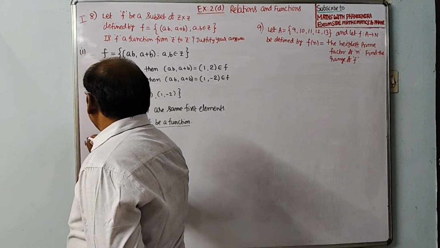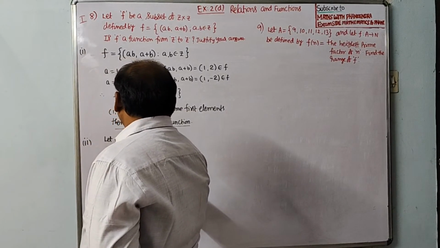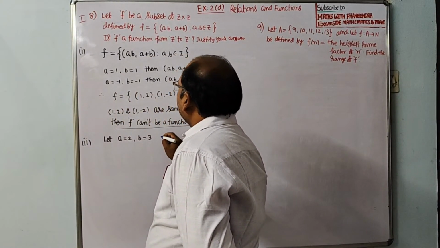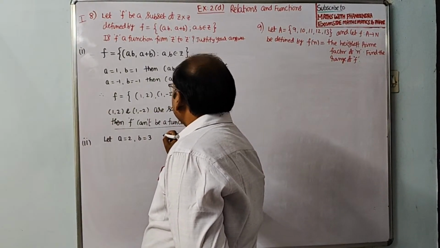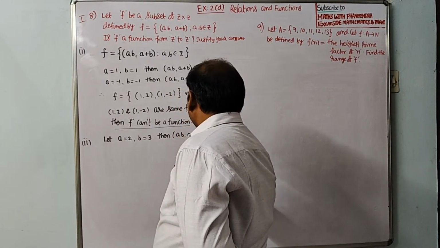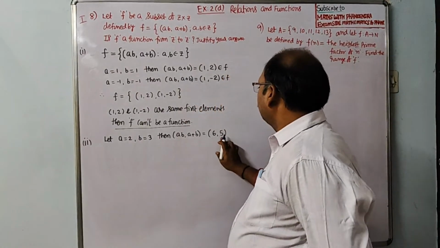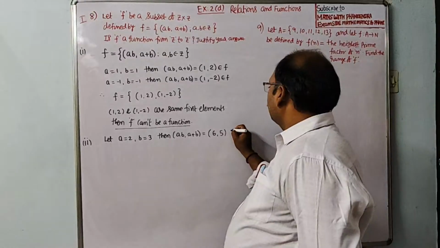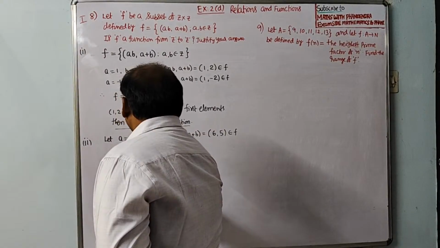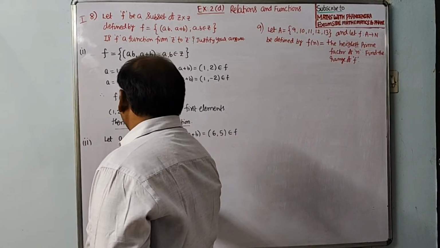In case 2 also we will take it. Let us consider A equal to 2, B equal to 3. Then (AB, A plus B) becomes (6, 5), which belongs to F. A is equal to minus 3, B is equal to minus 3, taking the same elements but negative.